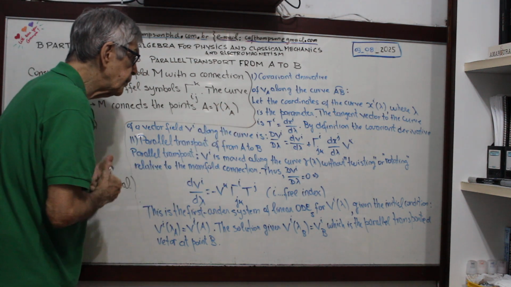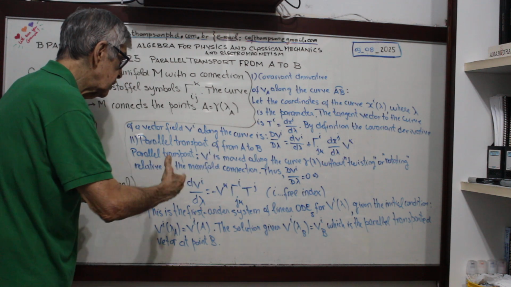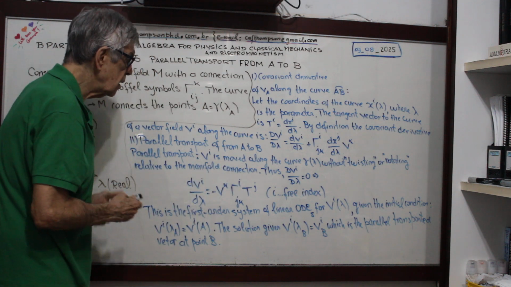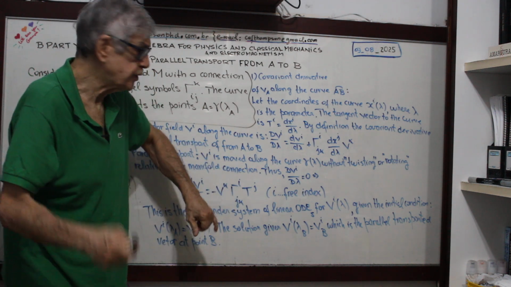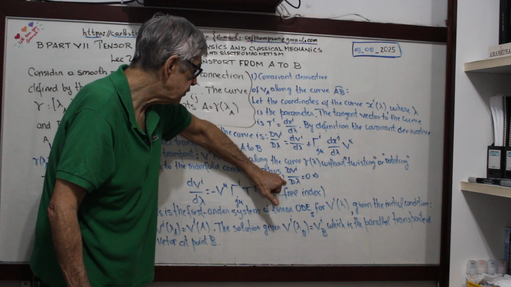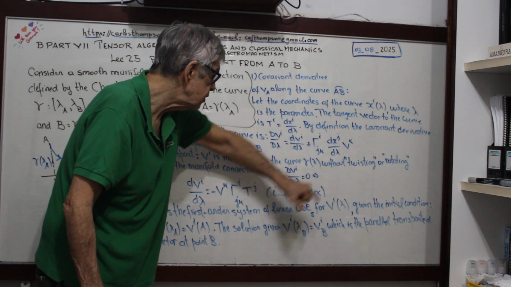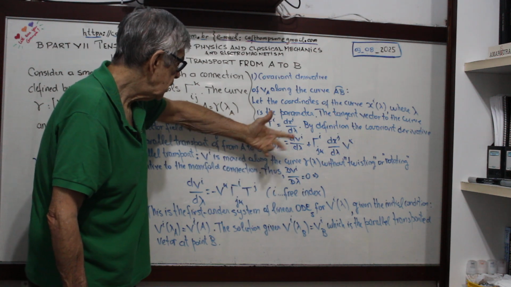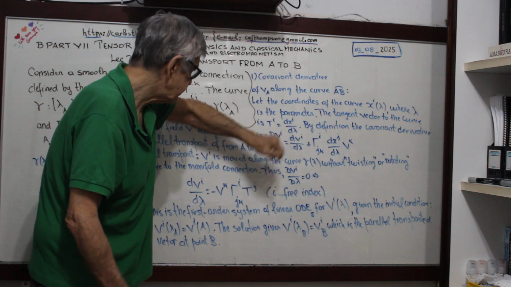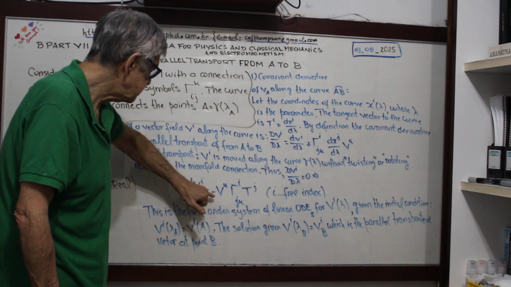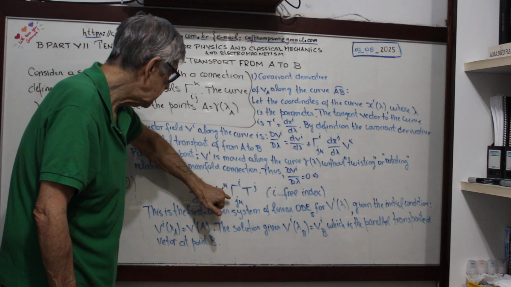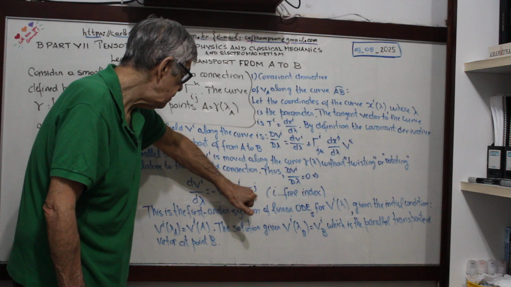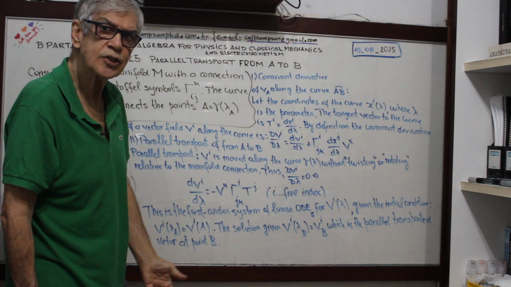Now, this movement, I will move this relative to the manifold connection. So I will impose that the covariant derivative with respect to lambda will be 0. So I set this here to 0, and then I represent dVI over d lambda as minus VK, Christoffel symbols, and Tj, the tangent vector.